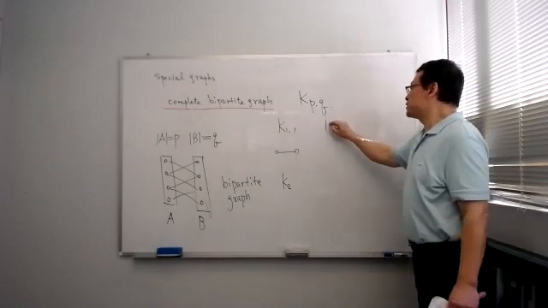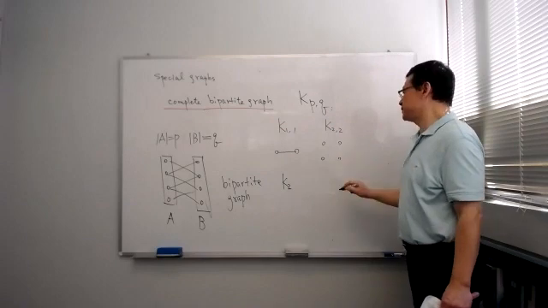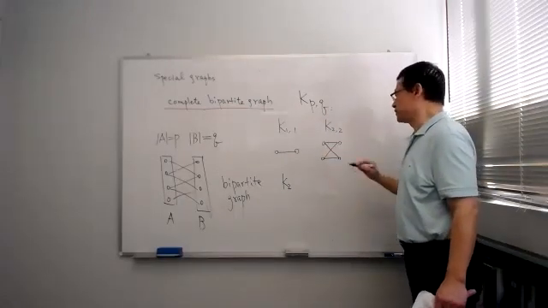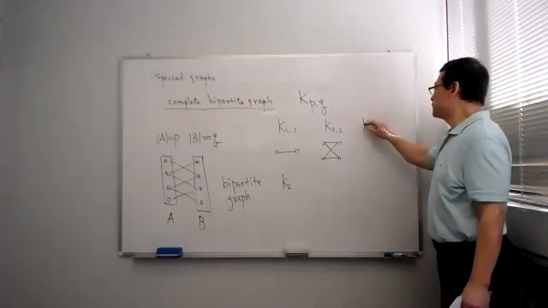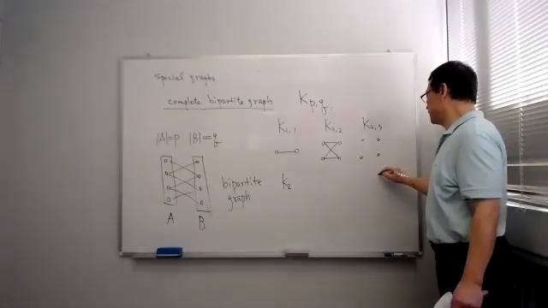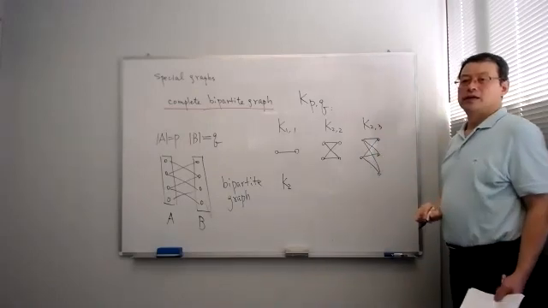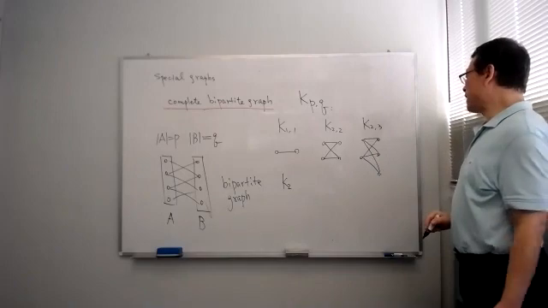All right. So K22, we have two vertices on this side, two vertices on this side, so we have all possible edges. And K23, two vertices on one side, three vertices on the other side. So we have a situation like this. These are complete bipartite graphs.